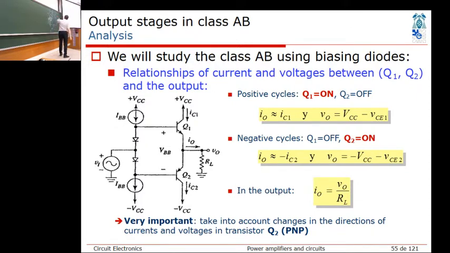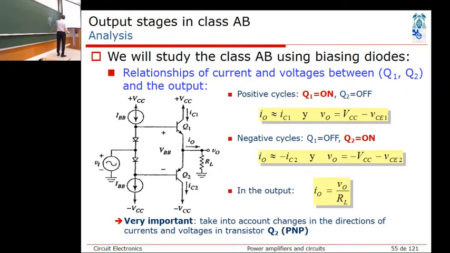Okay, so starting from here, there's that voltage drop, and this is the output signal. Okay, good. For negative cycles, the same thing, except you know that it's opposite signs.